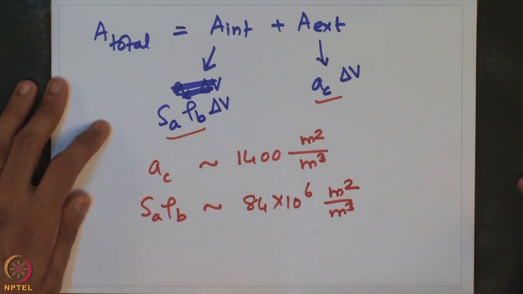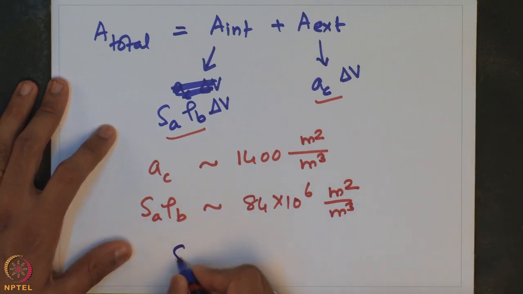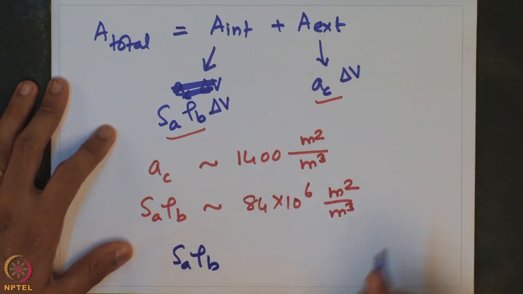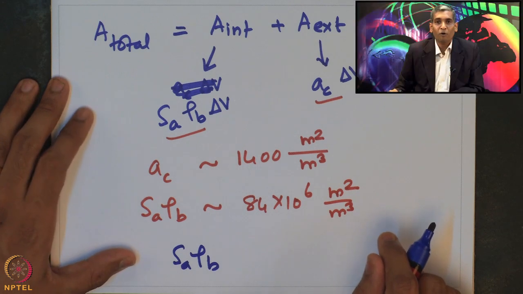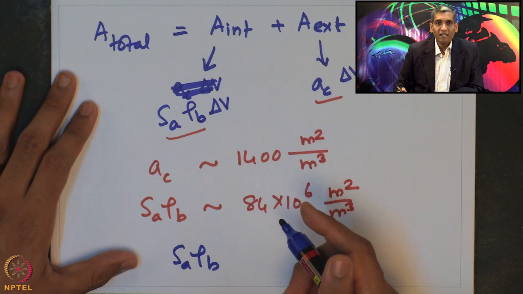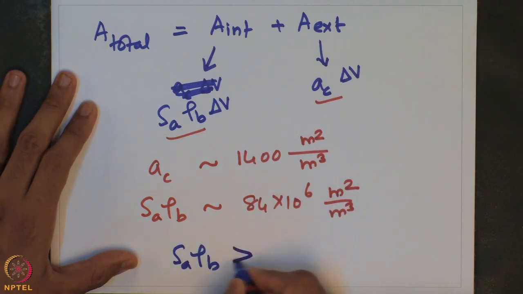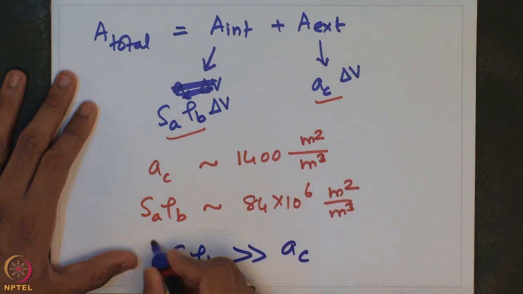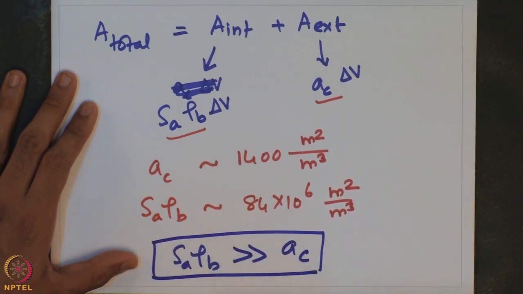So, from here we can clearly see that SA rho B, which is the internal surface area available per unit volume of the reactor, is significantly higher than the external surface area of the catalyst pellet that is available for reaction. So, clearly this is typically much larger than the external surface area.